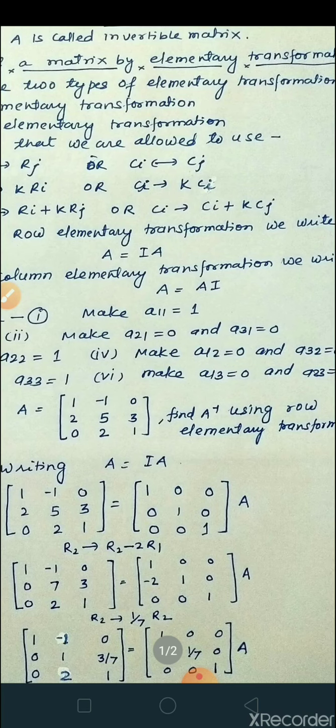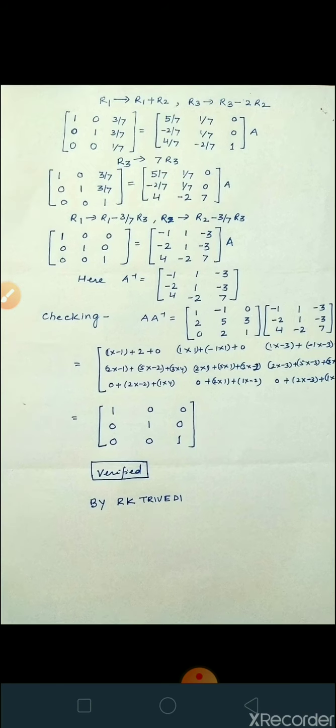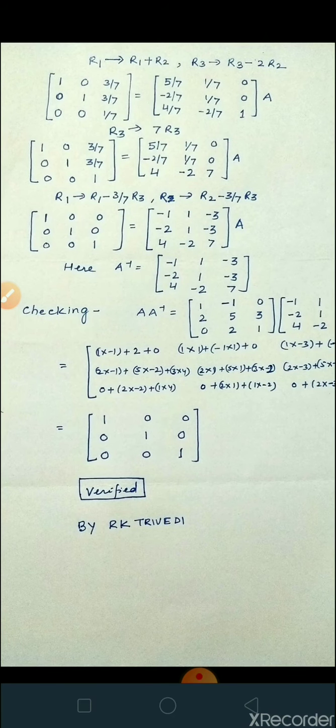For this we shall apply R1 replaced by R1 plus R2 and R3 replaced by R3 minus 2R2. Now it becomes [[1, 0, 3/7], [0, 1, 3/7], [0, 0, 1/7]].